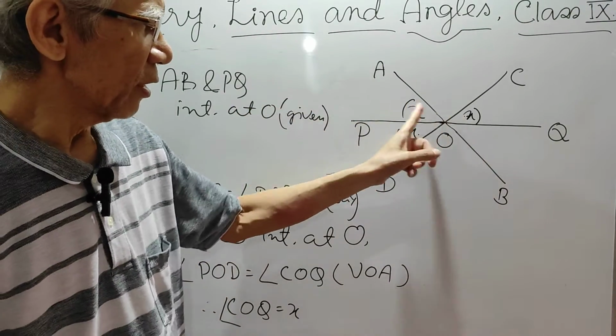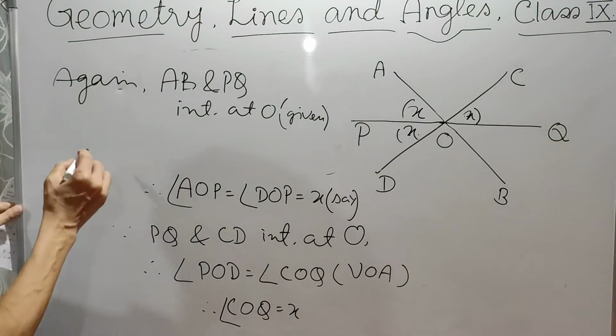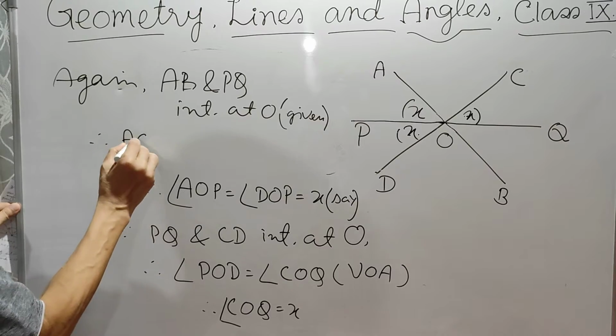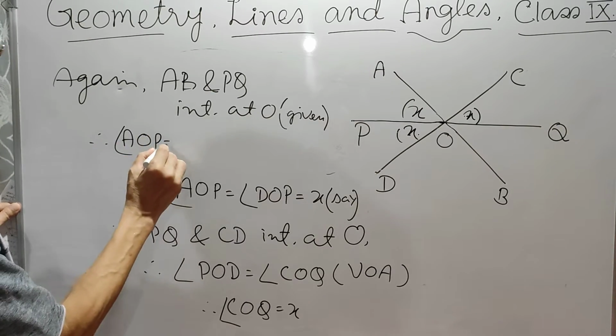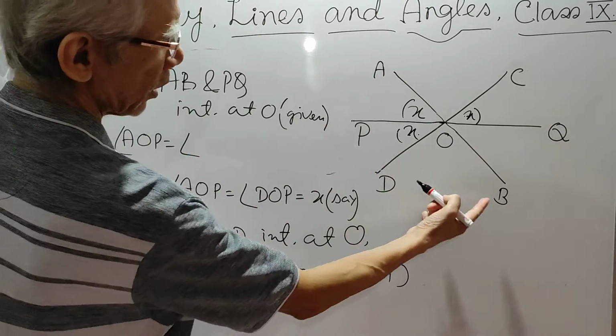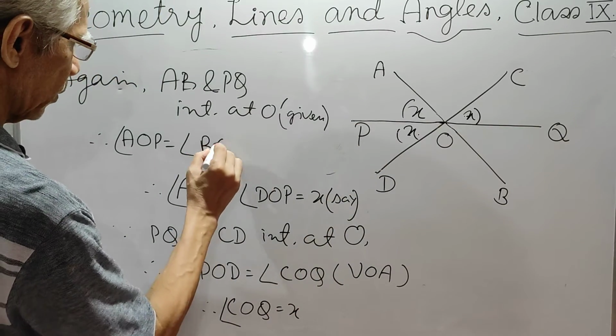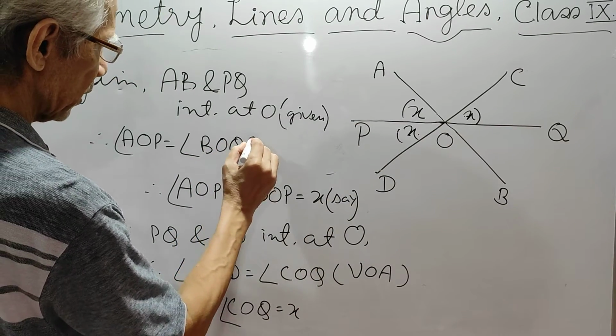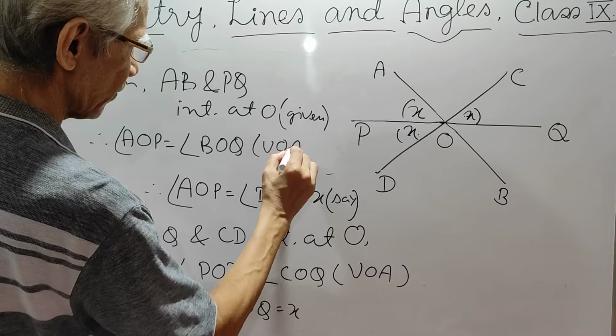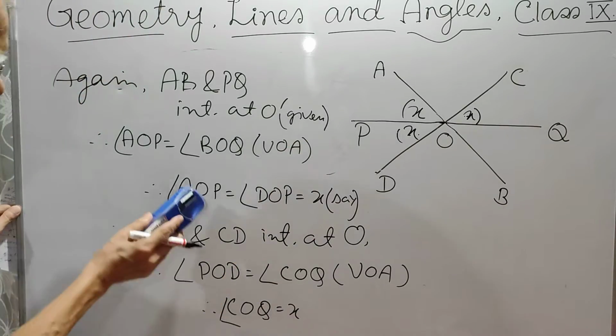Therefore these two are vertically opposite angles and equal. Therefore angle AOP equals BOQ. Why? Vertically opposite angles.